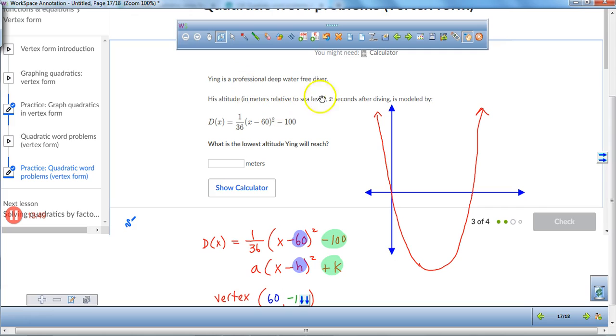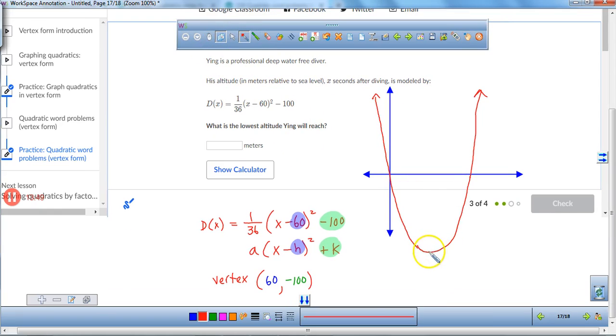All right, so it says Ying is a professional deep water free diver. His altitude in meters relative to sea level x seconds after diving is modeled by this. What is the lowest altitude that he will reach? Now, the lowest altitude is the lowest point, also known as the minimum. Well, our minimum was at 60, negative 100, which means after 60 seconds, he reached the lowest depth of negative 100 meters.